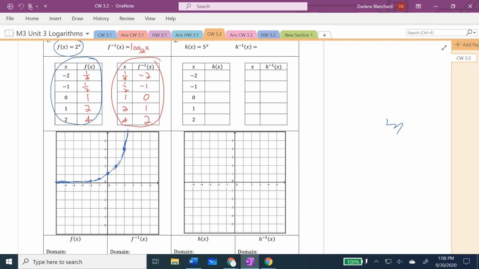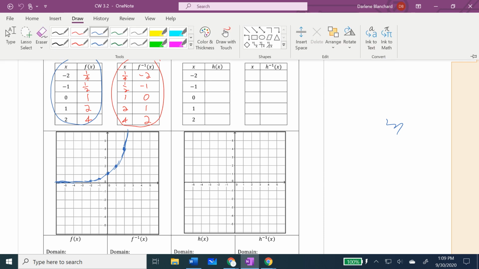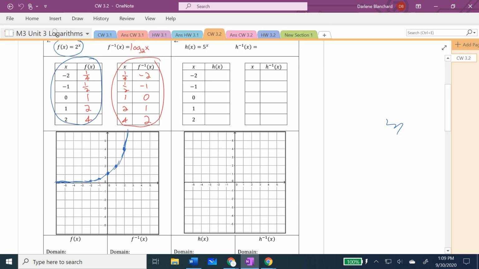Now, the next thing I'm going to do is graph log base 2 with an understanding that inverses reflect over y equals x. So I'm going to draw first a little dashed y equals x line. There we go. And then as I plot these points, they are reflections of each of these points over y equals x.